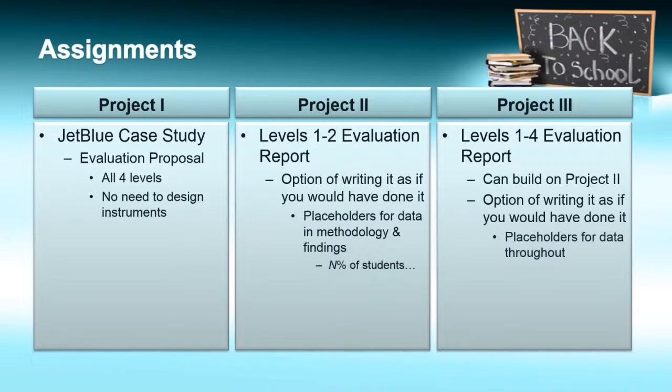And in that case, you'll use placeholders for that data throughout. So for example, when you're writing the percentage of students that achieve whatever, then you would say N number of students or blank number of students. And when you're providing something like recommendations, you would say based on this, we recommend / do not recommend, and things like that. So you put the different options in parentheses and so that when you actually have data, you can just replace the parentheses for the actual data or the actual information.